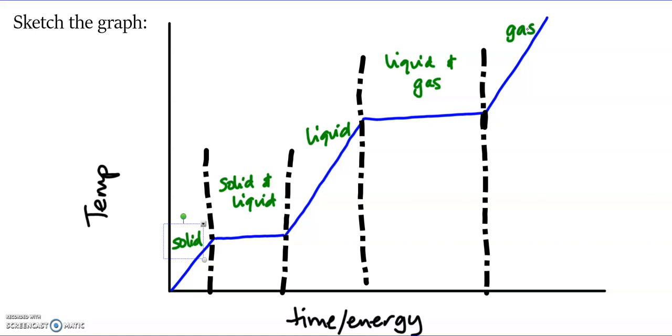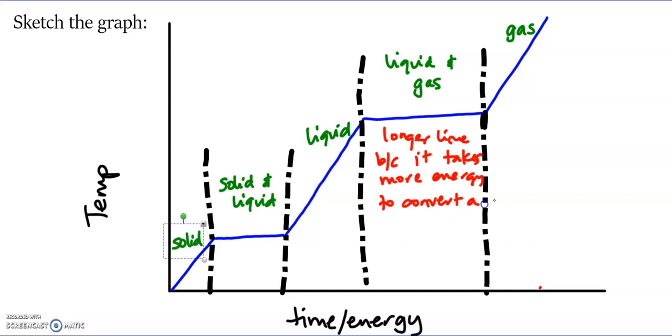So I want you to note a couple of things. One is that this line is longer, and that was on purpose. It's a longer line because it takes more energy to convert a liquid to a gas than a solid to a liquid.